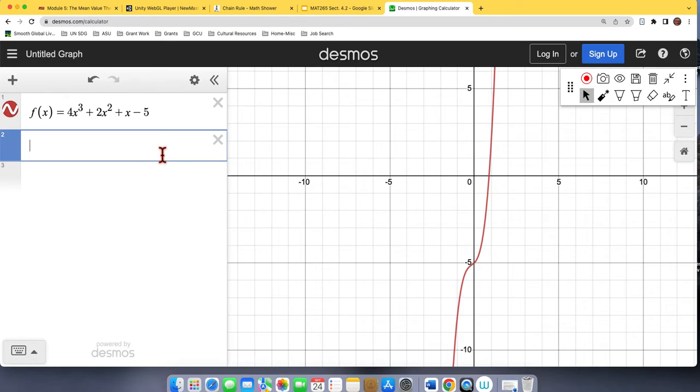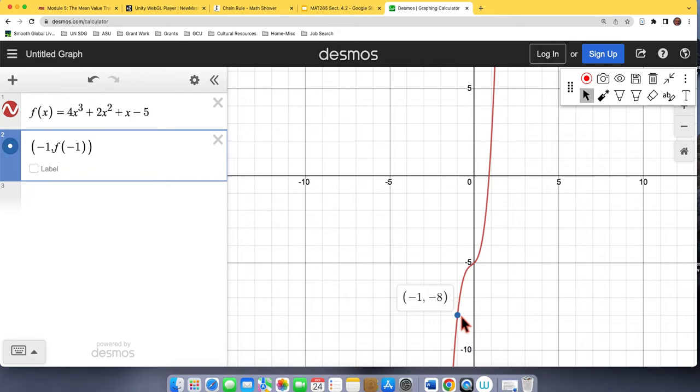So you might not need to do it this way, but I want to plot the point -1, f of -1. It plotted right down here. If I click on that, I see when I plug in -1, I get -8. I could have calculated it, but Desmos did it for me.